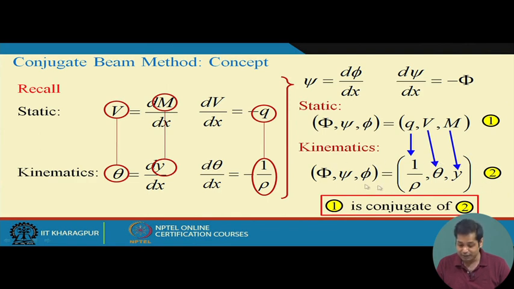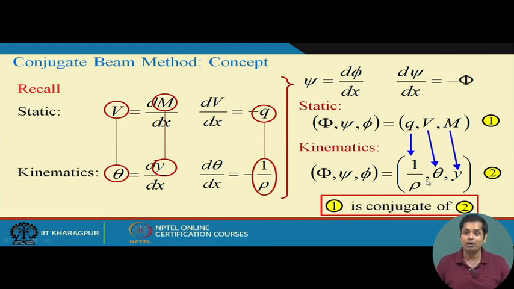Now, instead of directly trying to solve the problem of kinematics, this kinematics problem is translated to a problem of statics, and then we solve this. So, the problem is reduced to determination of shear force and bending moment of the conjugate beam, and once we do that, the shear force and bending moment will give us the other kinematic variables of the real system.